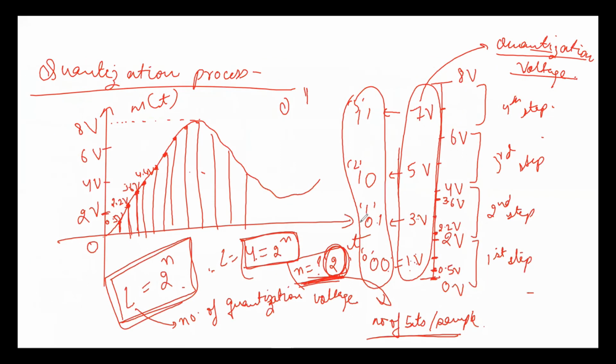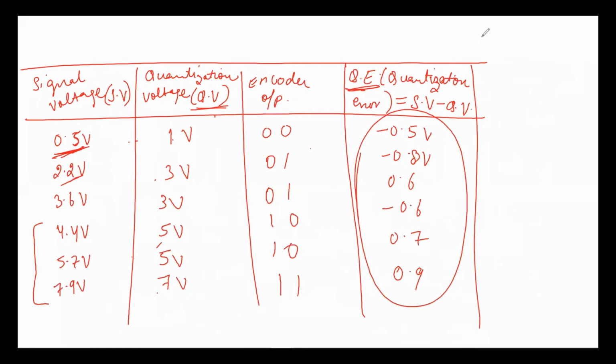First point, write down: total dynamic range of signal is divided in L, capital L, equal number of steps.